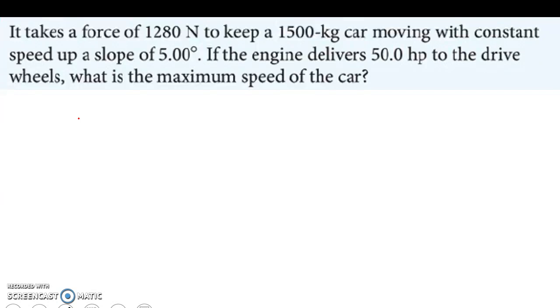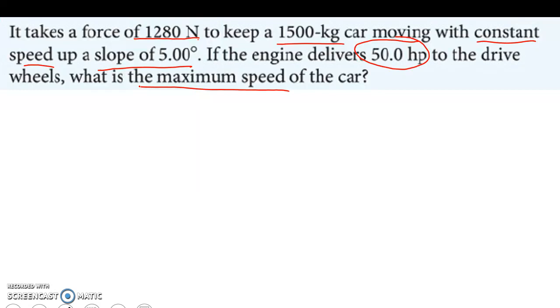Okay, so now this is another problem that comes up with power. We have a force to keep this car moving with a constant speed up a slope of 5 degrees. The engine delivers 50 horsepower to the drive wheels. What is the maximum speed of the car? So we want to find max speed.